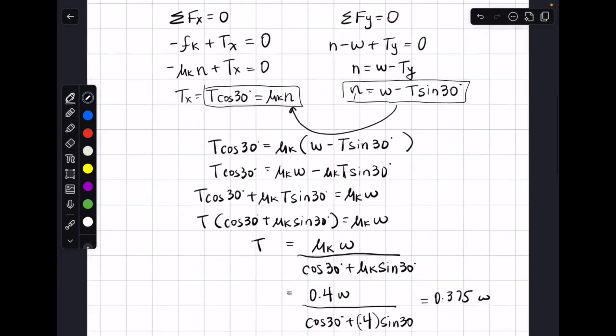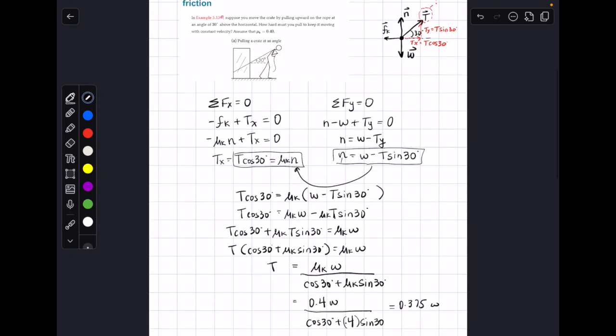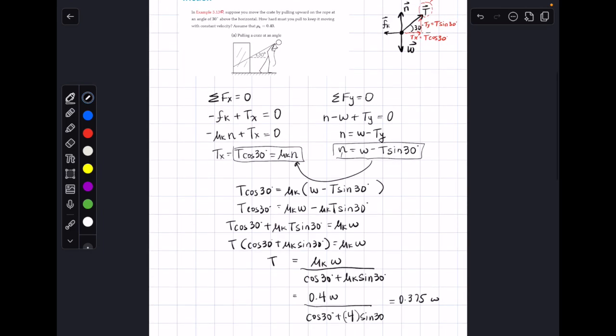Okay, so let's zoom out and look at the problem solving steps here that we did, right? We needed to apply Newton's first law to both the x and the y, and the normal force is no longer simply the weight. Now that we have an extra force in the y direction from the tension in the rope, that normal force is going to reduce down a little bit.